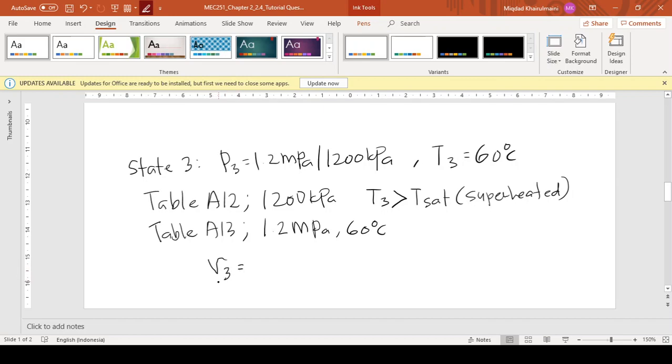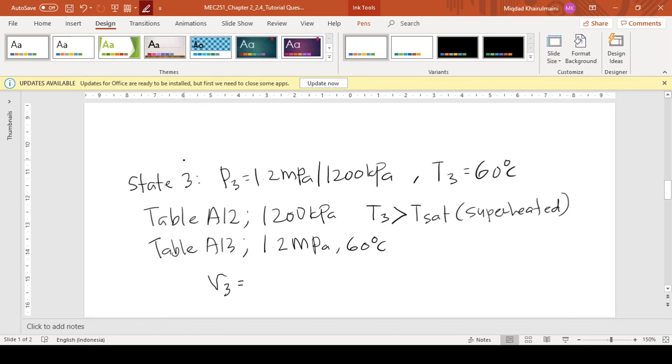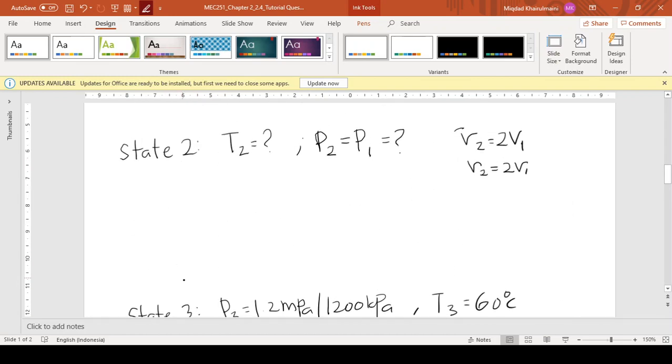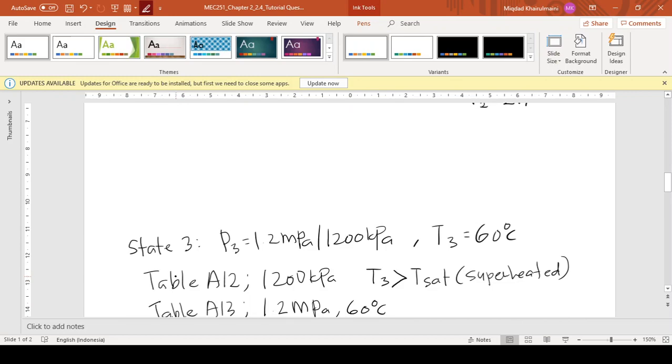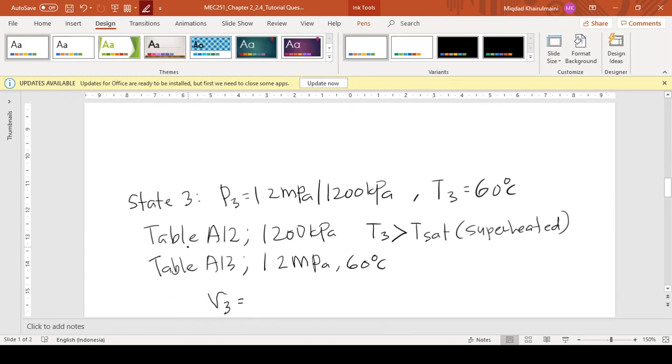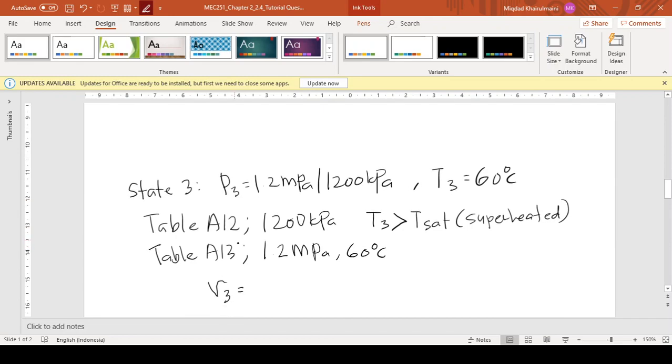Now why do we read the specific volume? Because remember, state 2 and state 3 are connected by the isochoric process. So the specific volume, or the volume, for state 2 and state 3 must be the same. That's why we read the specific volume.